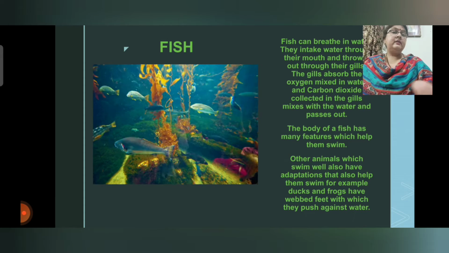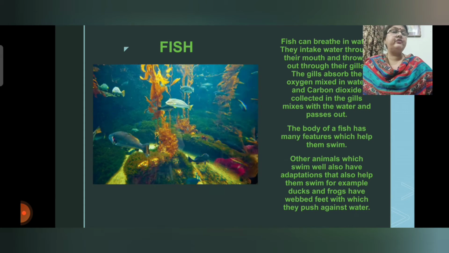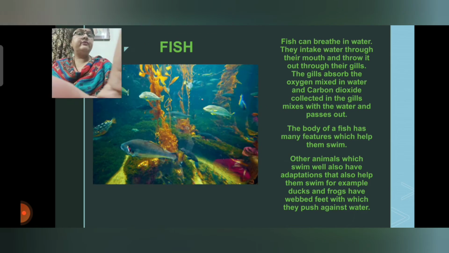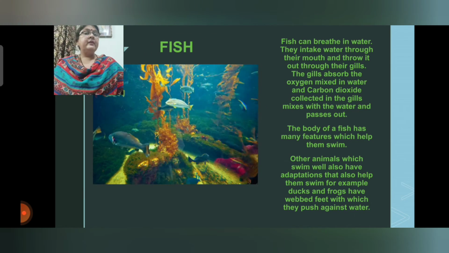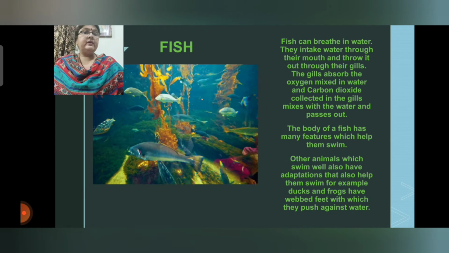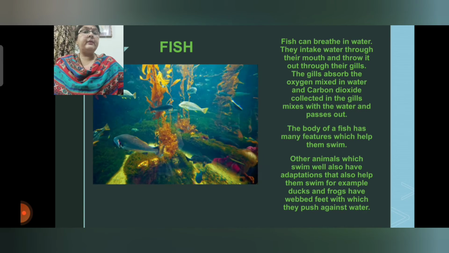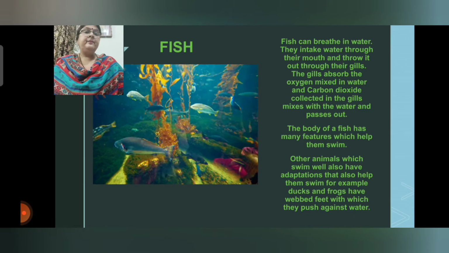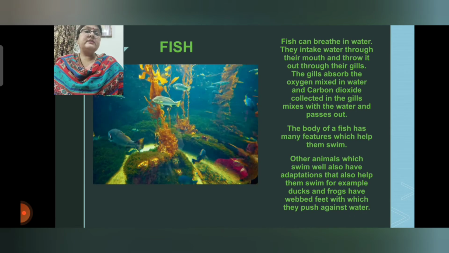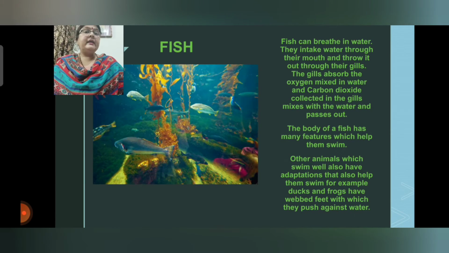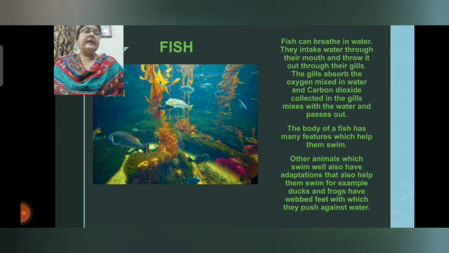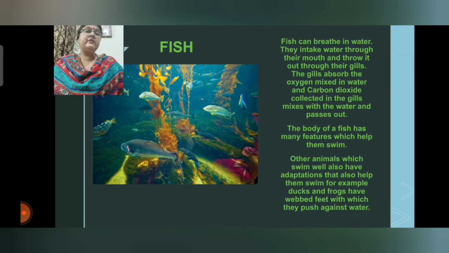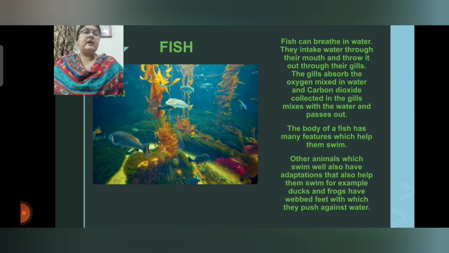Now let's learn about fish, how they swim in water. Fish can breathe in water. They take in water through their mouth and throw it out through their gills. The gills absorb the oxygen mixed in water, and the carbon dioxide collected in the gills mixes with water and passes out.